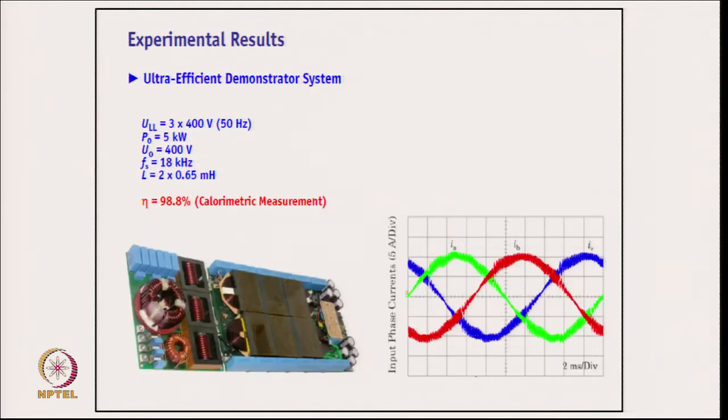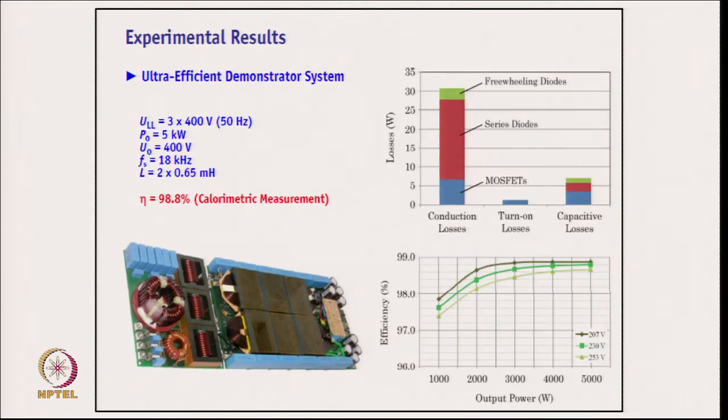This is how the converter looks for 5 kilohertz, and you are able to get buck operation corresponding to 400 volts, where the peak of 400 will be much higher than the line voltage, and these are the balanced sinusoidal supply currents on the supply side. Then come the losses and efficiency.